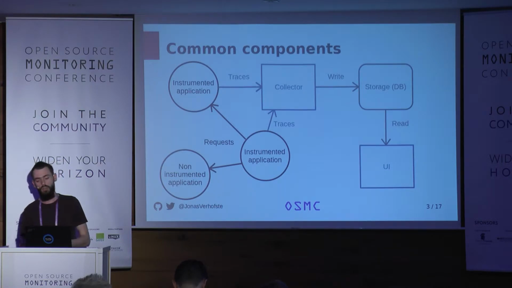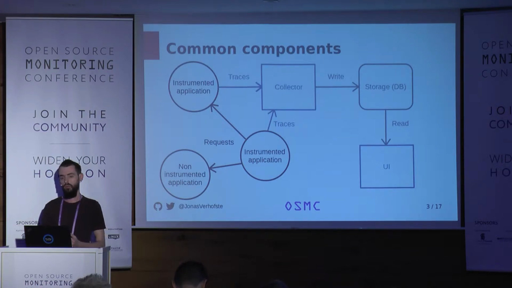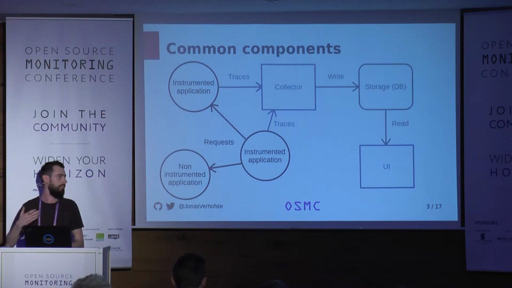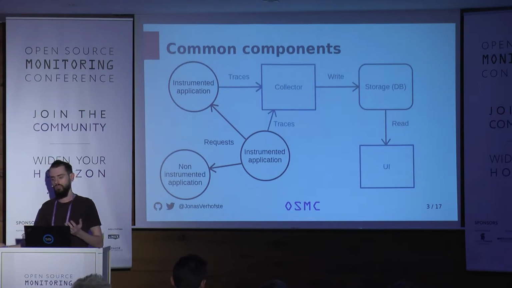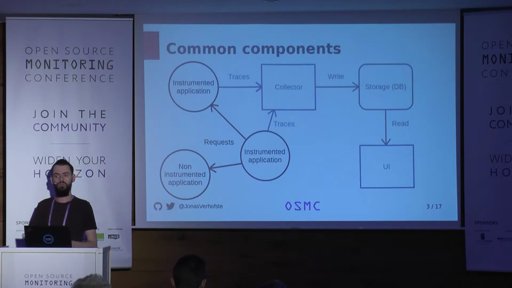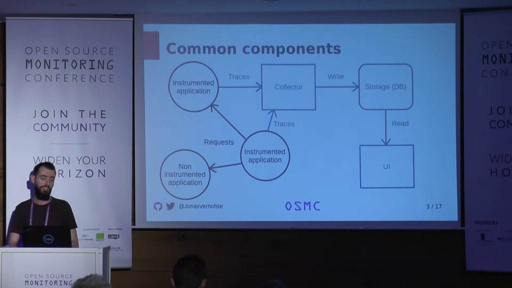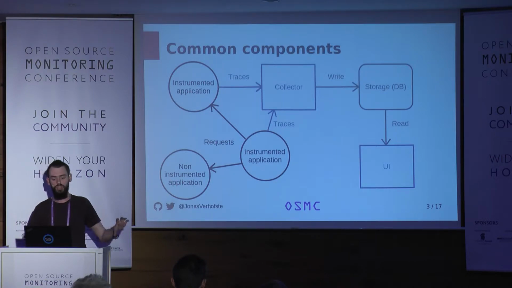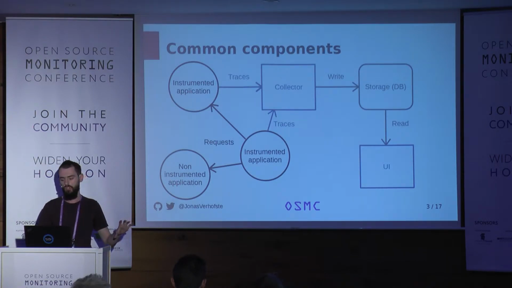You can then visualize your data with a UI that will query your storage backend. Of course, an instrumented application doesn't mean it can't talk to a non-instrumented application. That still works. You just won't have data of that non-instrumented application.